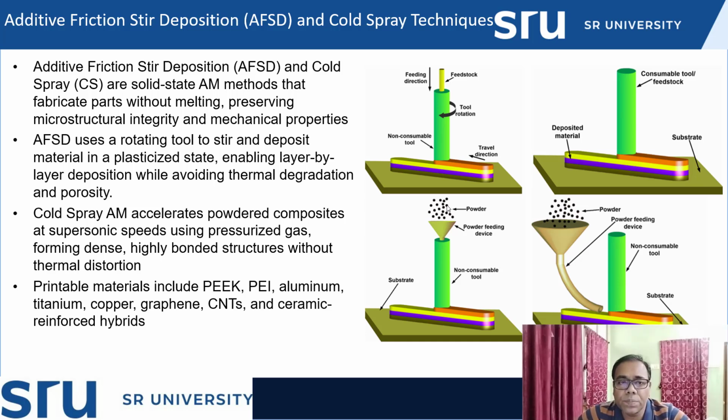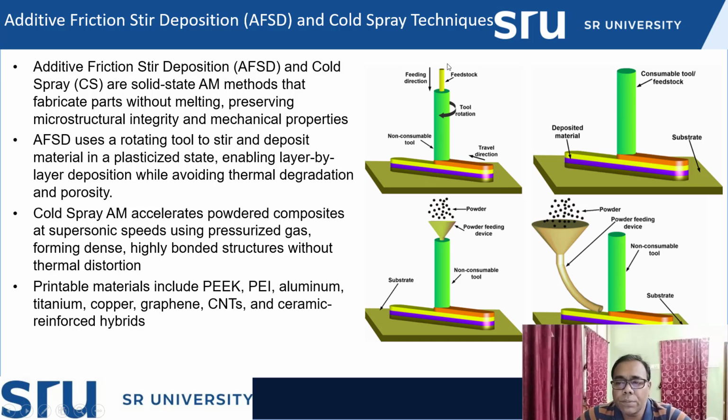But in the case of additive manufacturing friction stir welding process and the cold spray techniques, in this process the tool will be rotated at a very high rotational speed, and it will be in contact with the substrate material, and it will move in the direction.